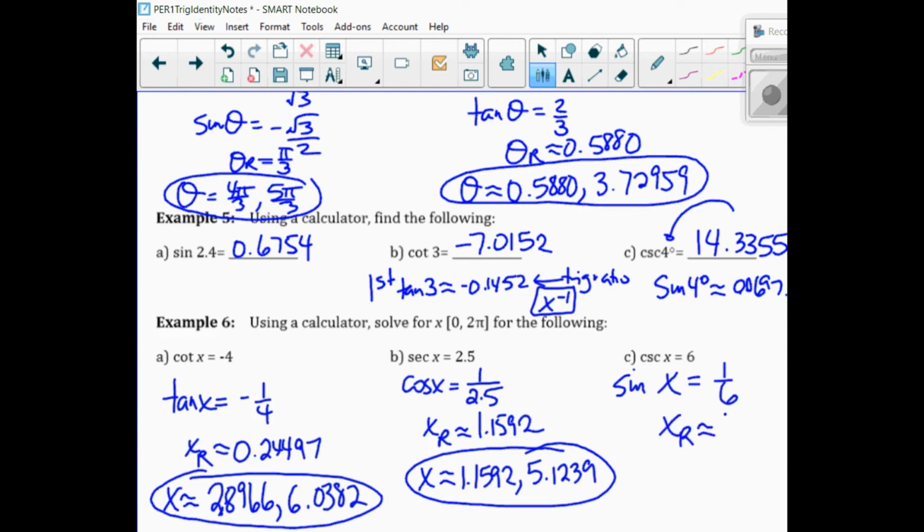So that would be inverse sine of 1 divided by 6. It's approximately 0.1674. And that will be one of my answers because sine is positive there. And then to get the second one, we're going to take pi and subtract the answer. So 2.9741, and that is your answer in your second quadrant.